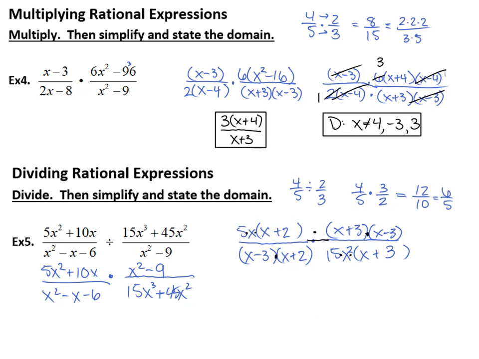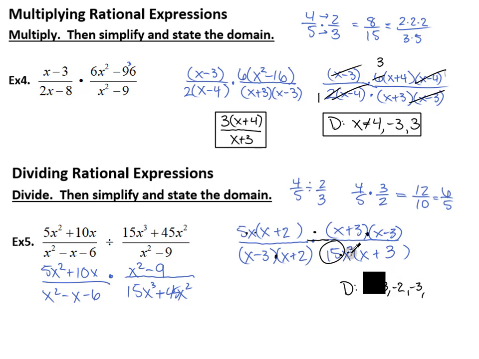And let's state our domain before we start getting rid of things. What would make the denominator equal 0? Don't forget we're going to have to do some extra stuff here. We need to exclude positive 3 from that factor. We need to exclude -2 from that factor. We need to exclude -3 from that factor.